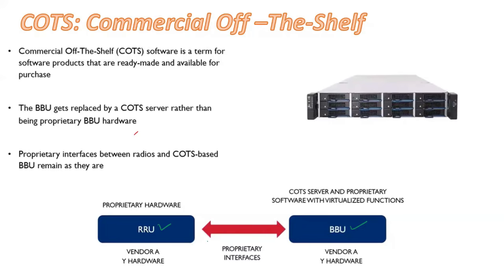The interface between these two is still proprietary, right? So you can't connect different vendors of RRU with different vendors of BBU. So this is COTS, and it is very significant for vRAN, and eventually it will be very significant for ORAN. But right now, the RRU is proprietary, the BBU is proprietary, and the interface between the RRU and BBU is still proprietary, right?